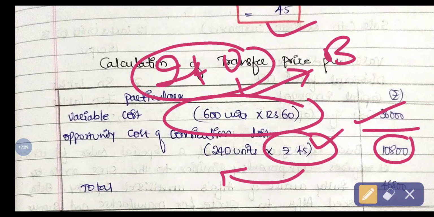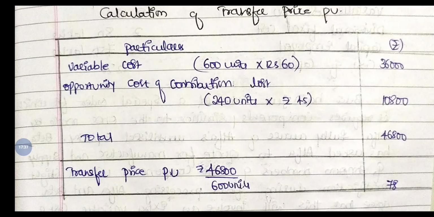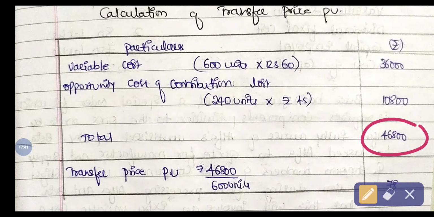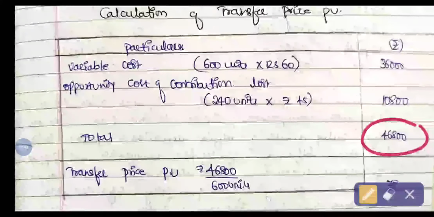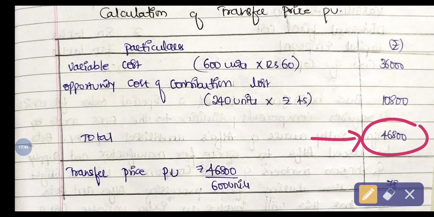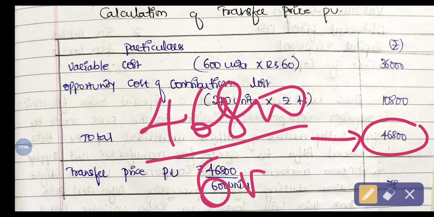So here 36,000 plus 10,800, it will be 46,800. So the total cost will be 46,800 for 600 units. Per unit, 46,800 divided by 600 is 78 rupees.